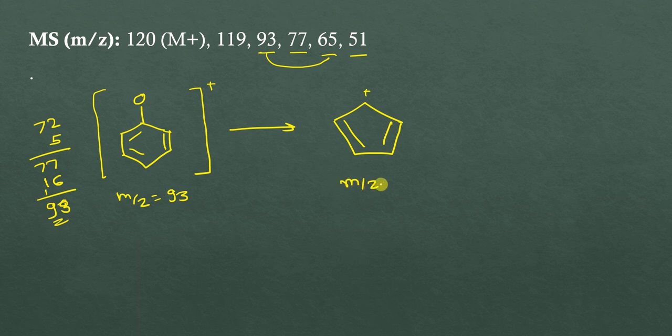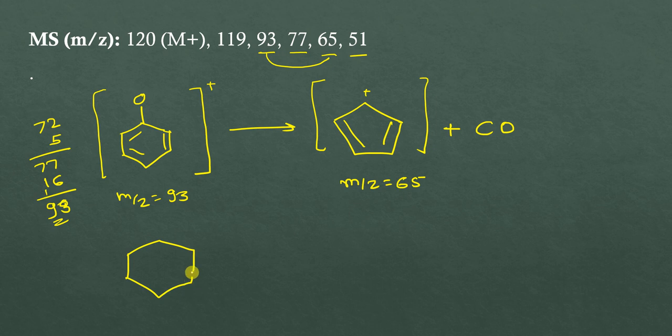So for this m/z is 65 with loss of 28, carbon plus oxygen, right? Now another thing we'll see, 77 will be only benzene ring, right? 77 can be only benzene ring, right?